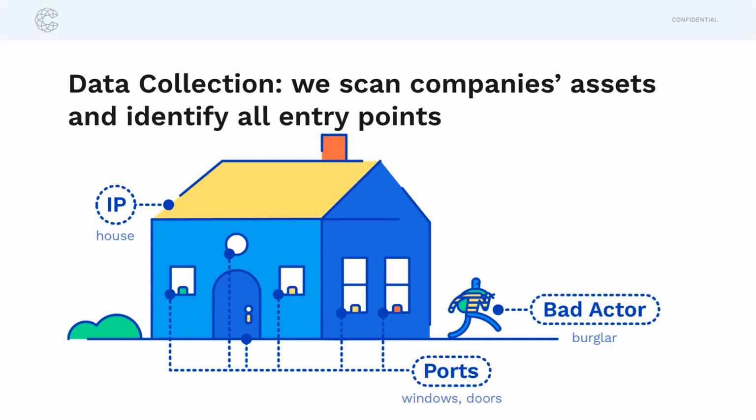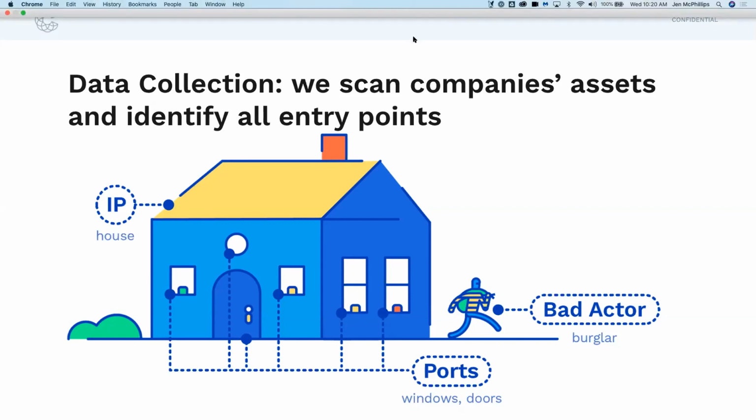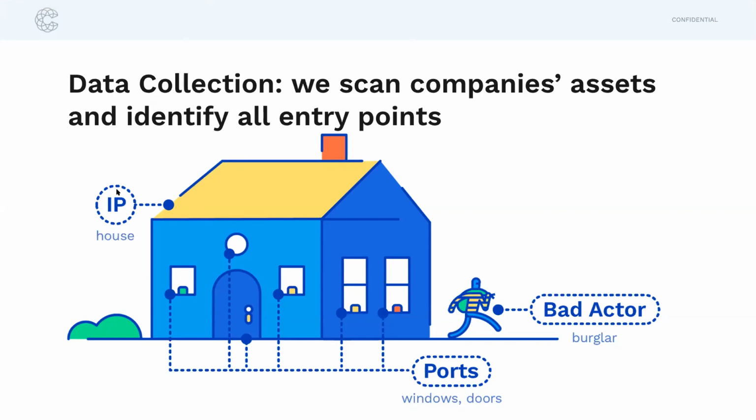So from a data collection perspective, we're constantly doing worldwide scans of the entire internet. We check every IP address and look to see if there are any open ports on it. If there's an open port, we can then collect data about the applications or services living behind those ports. An example is a website.